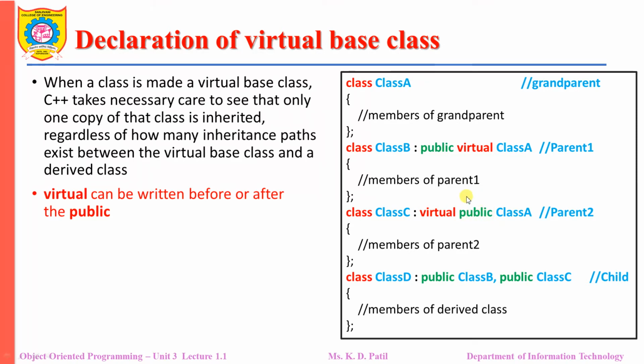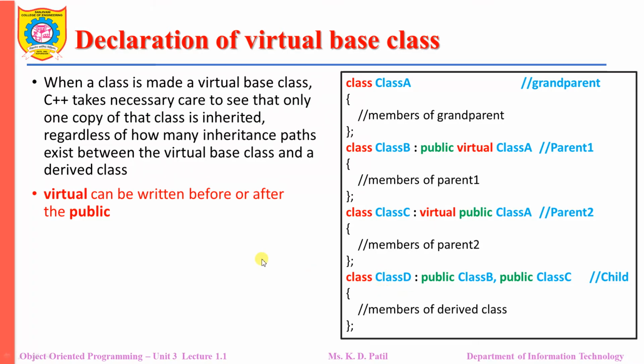Okay, so before or after the derivation, you have to write the keyword virtual, which indicates that class A is the common base class for class B and class C, which we have declared as virtual, so that class D will get only one copy of the members of class A.